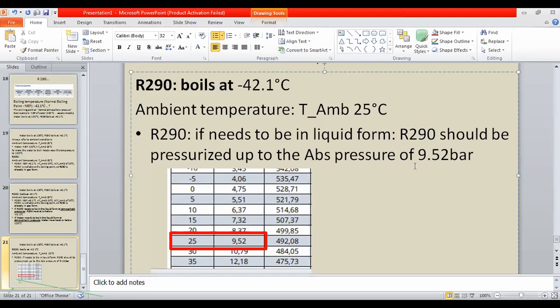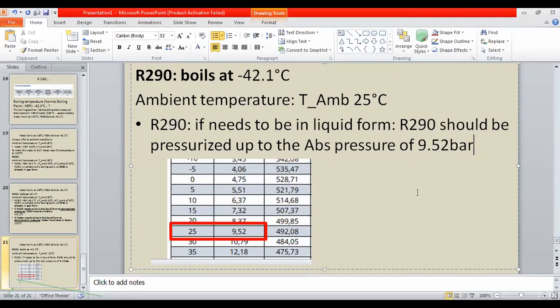Yeah. So later we are going to learn what this absolute pressure means. Absolute pressure of 9.52.